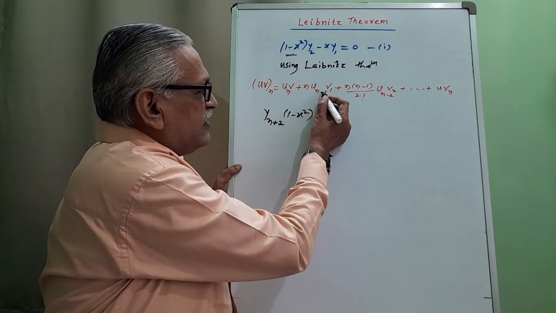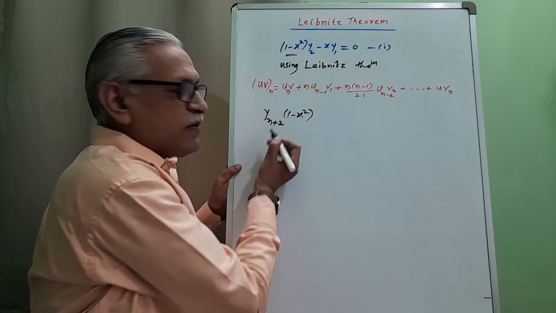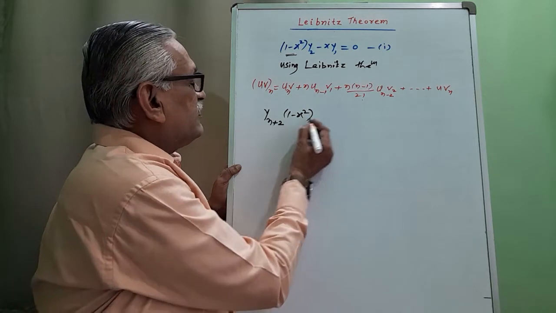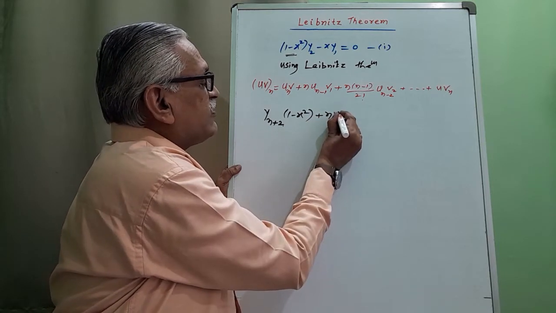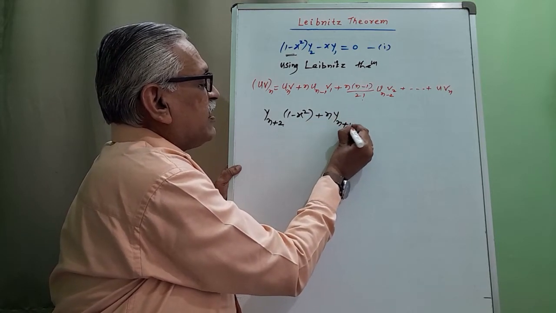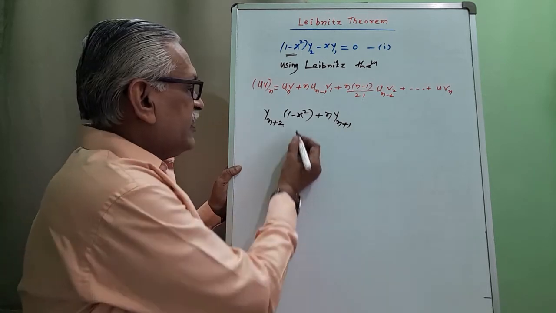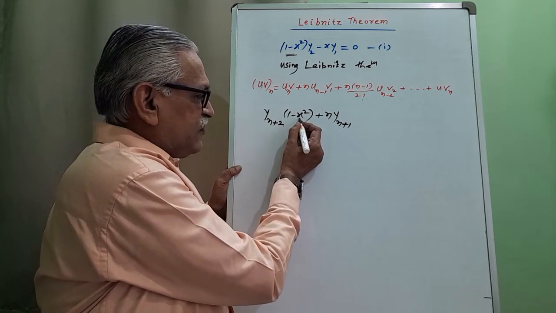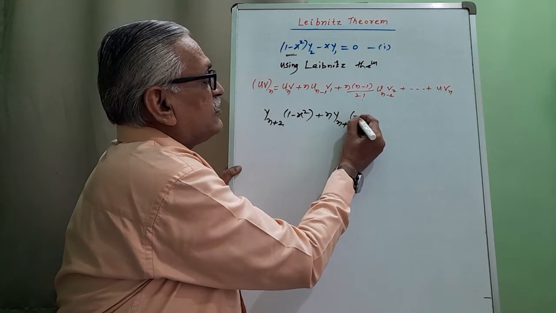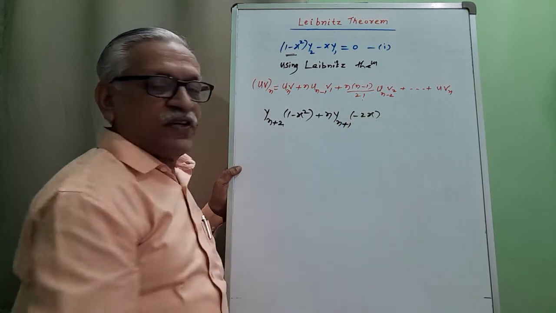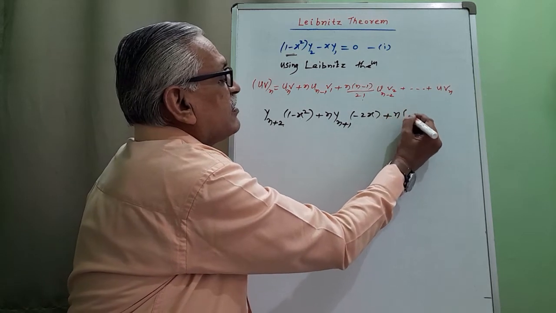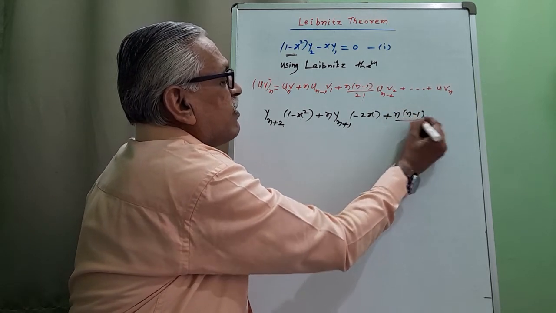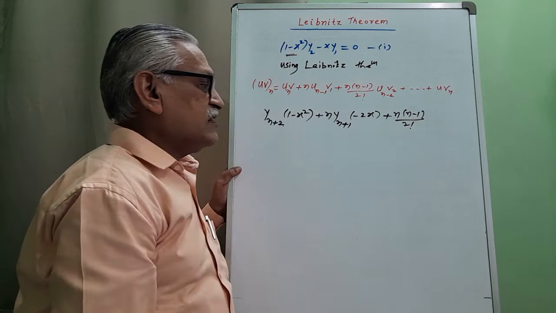Next, u(n minus 1). Decrease the suffix by 1. We get next term as n. Decreasing it by 1, we get yn plus 1 as the next derivative, into v1, the first differentiation of this term with respect to x. It is minus 2x. Next one is n(n minus 1) by 2 factorial.